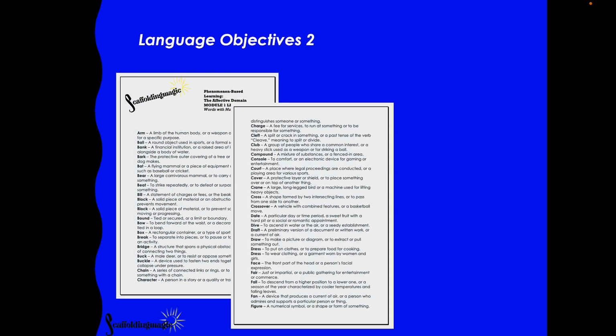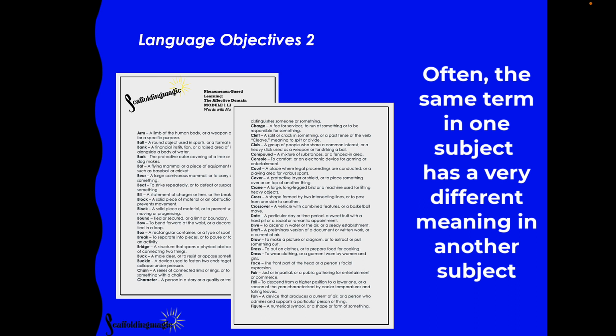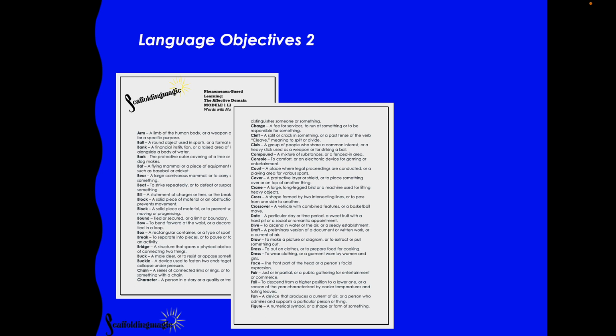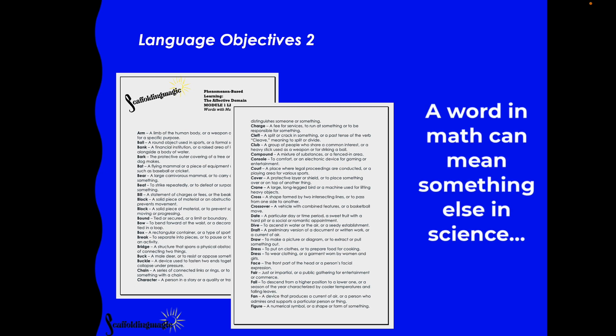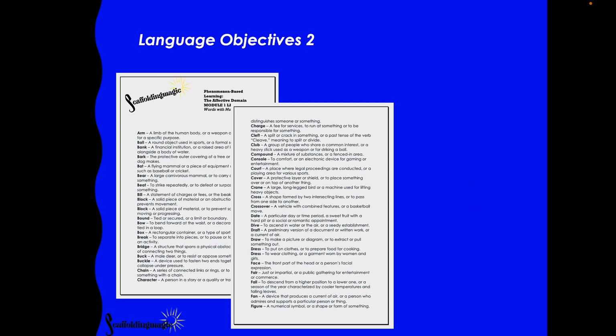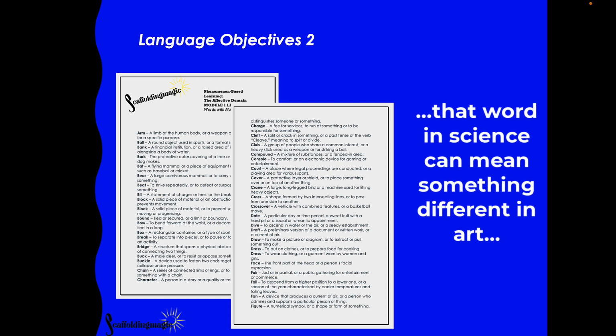Another clarification regarding language objectives that will greatly reduce anxiety is to address the multiple meanings of words. Again, we're so used to them, we forget that they can be very confusing. We're so used to the vocabulary and academic language we use that, for instance, we forget that a word in math may mean something completely different in science, and those words in science may mean something entirely different in art.